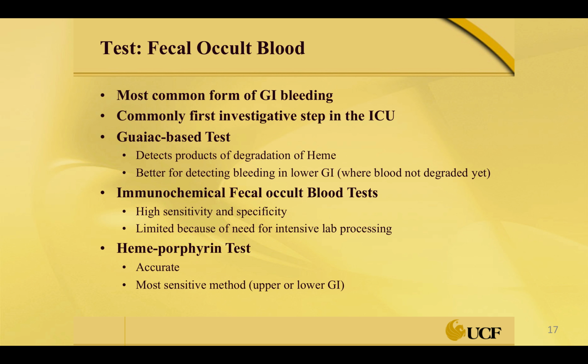We also have the immunochemical fecal occult blood tests that have high sensitivity and specificity, but are very limited because of the need for intensive lab processing, and not every institution has the capability to do immunochemical fecal occult blood tests. And we also have a heme porphyrin test, which is accurate and is the most sensitive method for upper or lower GI, but not the most specific.